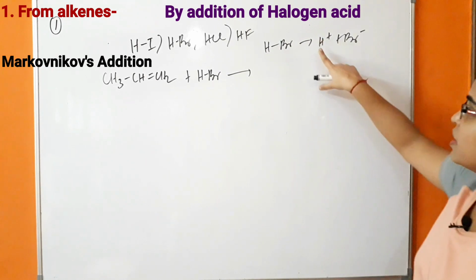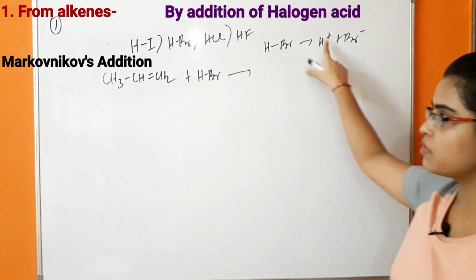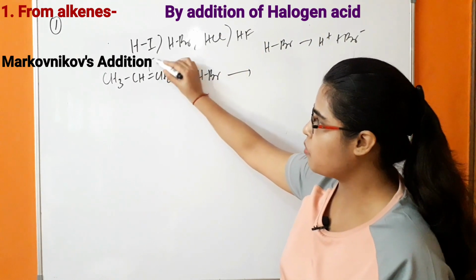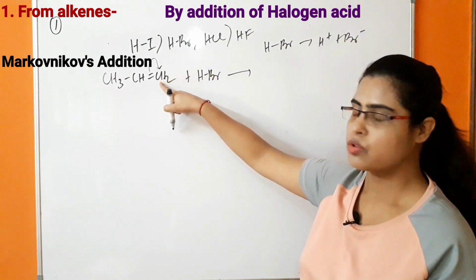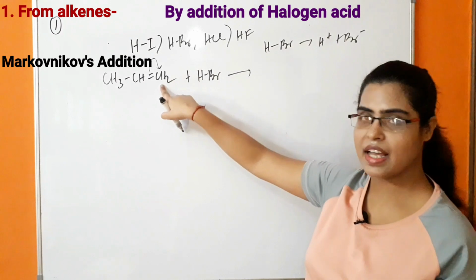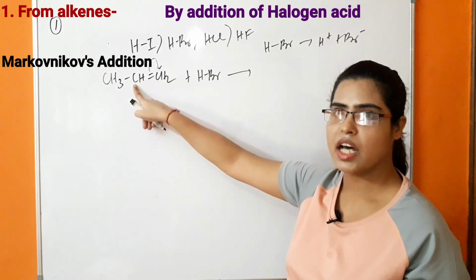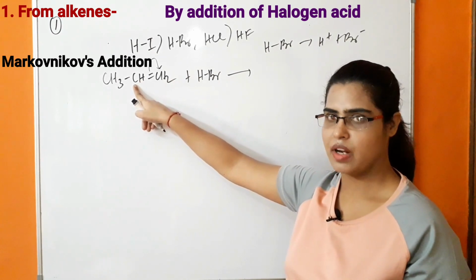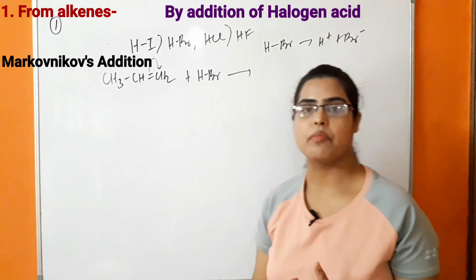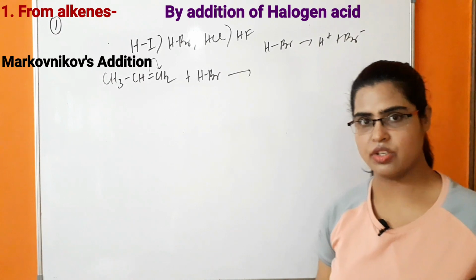The electrophile H+ attacks the double bond position, so the double bond moves. The carbon on which H+ attacks gets the negative charge, and on the second carbon a positive charge is created. It means this reaction takes place by carbocation formation.